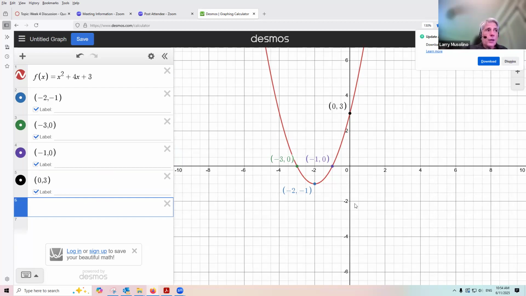I'll mention one other item. In this example, there were 2 x-intercepts. Right, here was one of them, and here was the other one. But you could have a graph that really has one x-intercept. Here's an example of a graph that has one x-intercept.